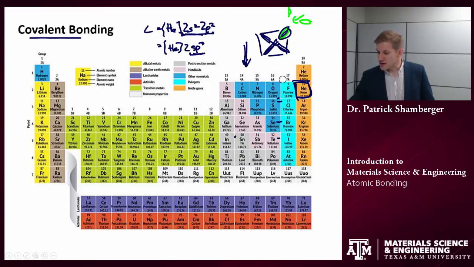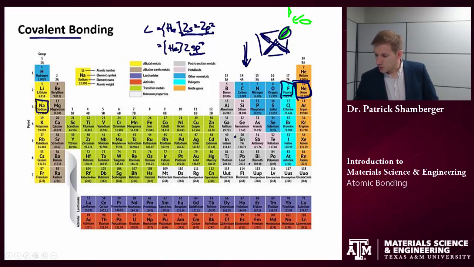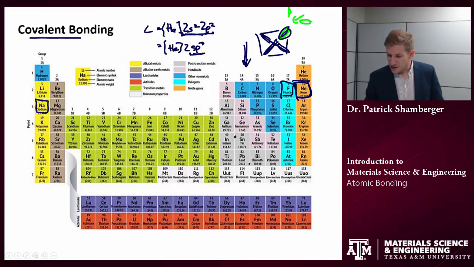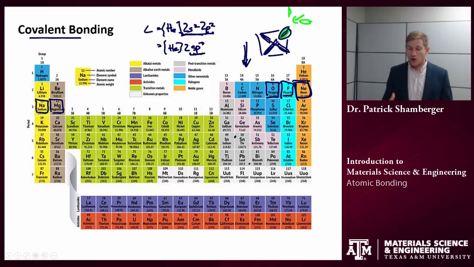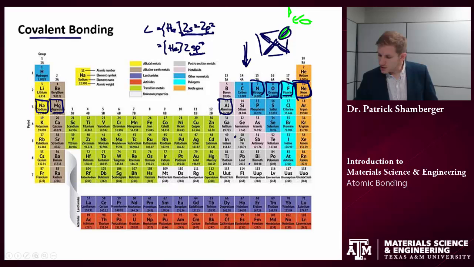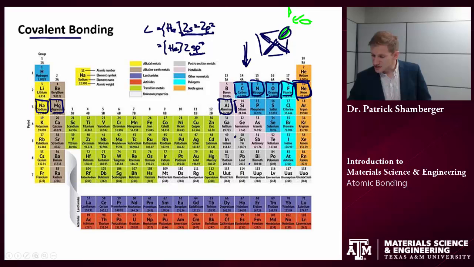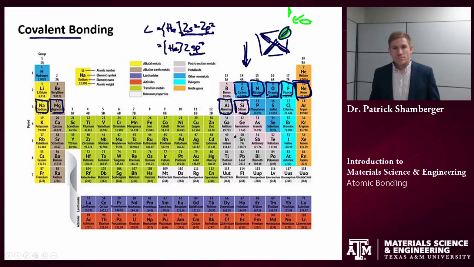I could get gradations also between covalent and ionic solids. If I think about something like sodium fluoride, that would be a very ionic solid. But as I move over, magnesium oxide is also very ionic, but a little bit more covalent. As I move over again, aluminum nitride, now I'm getting more and more covalent behavior, and silicon carbide has an even more covalent-like bond.